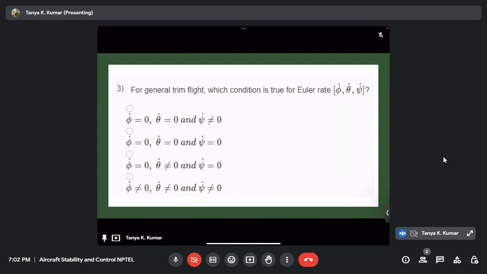For trim, what are the only two conditions required as far as Euler rates are concerned? Are all three 0, or none of them 0, or a combination? Only two rates need to be 0. So which are those two rates for general trim?